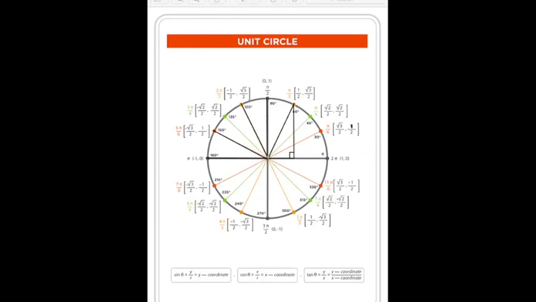So this is going to be the short leg this time. Here's my 30 degrees right here. And down here is my 60 degrees. So they've just traded places. But the hypotenuse still has the same measurement. So that hypotenuse is still 1.